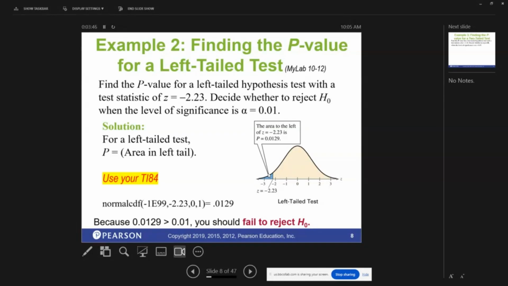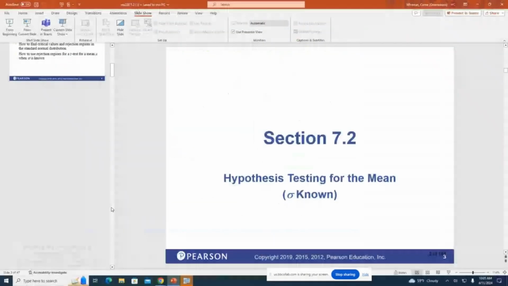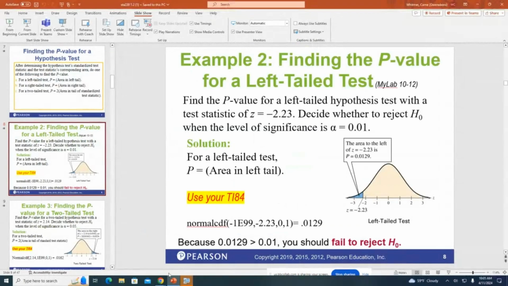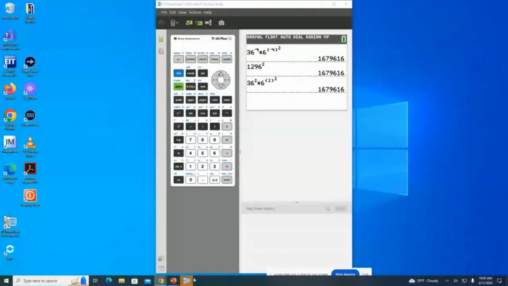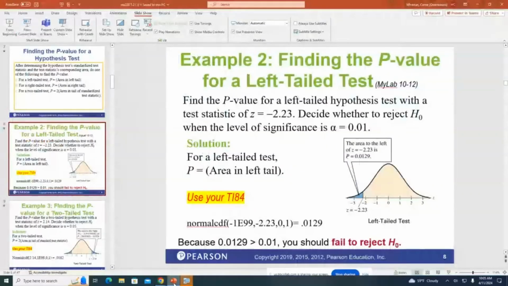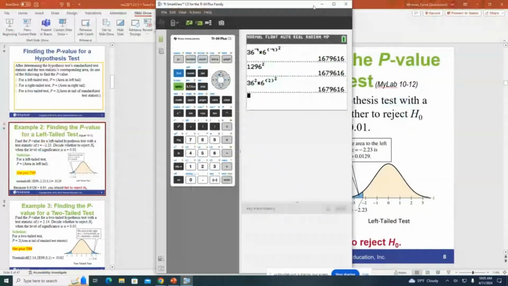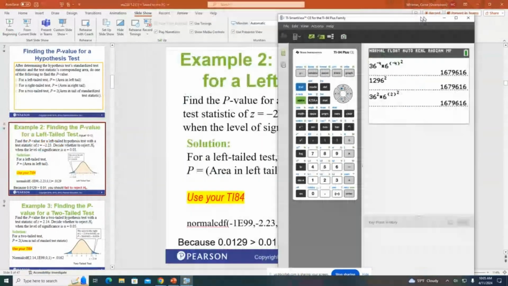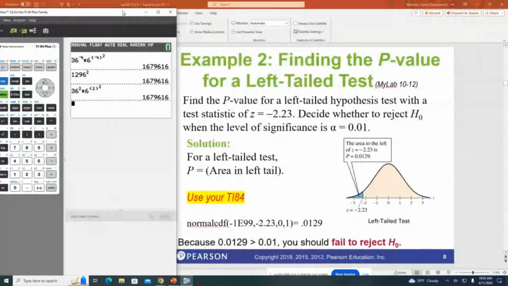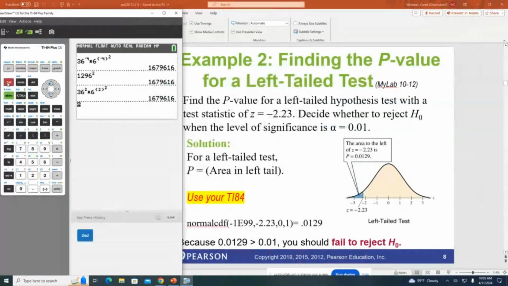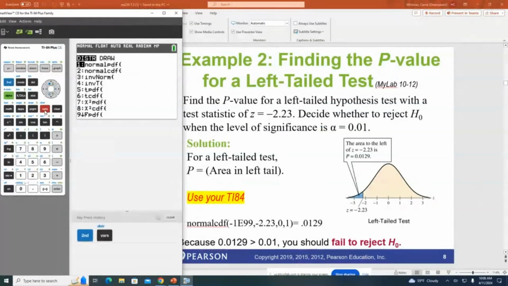So in order to find the area of that, we're going to use our calculator and do the normal CDF. This is something we did back in one of the previous sections. Okay, so normal CDF, we're going to go to second vars and then number 2.